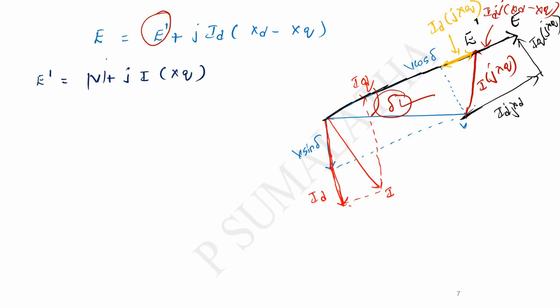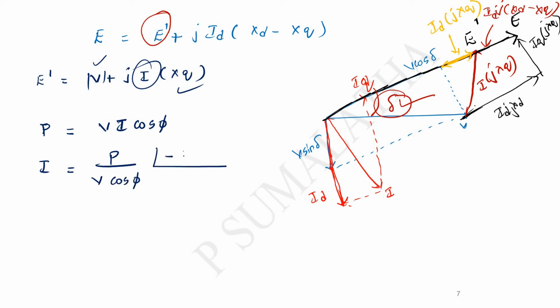So we know the V value and we know the XQ value also, but we don't know the value of I. How to find out the I value? We know the power equation, real power is equal to VI cos phi. From this equation you can find I is equal to P divided by V into cos phi, at an angle minus cos inverse of phi because it is a lagging power factor.